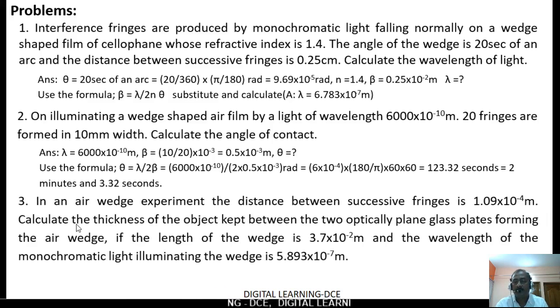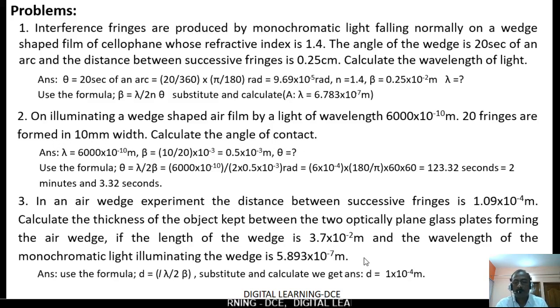Third one: in an air wedge experiment, the distance between successive fringes is 1.09 times 10 raised to minus 4 meter. Calculate the thickness of the object kept between the two optically plane glass plates forming the air wedge, if the length of the wedge is 3.7 times 10 raised to minus 2 meter and the wavelength of the monochromatic light illuminating the wedge is 5.893 times 10 raised to minus 7 meter.